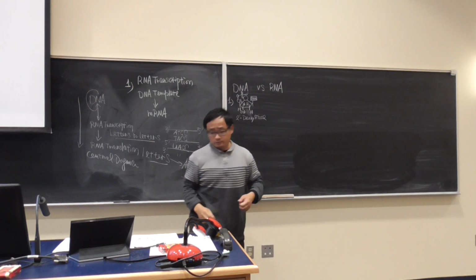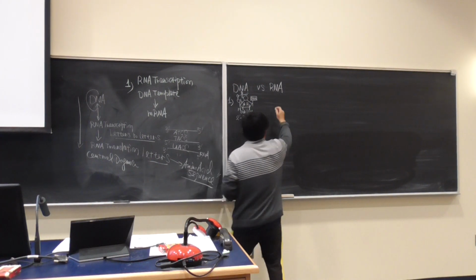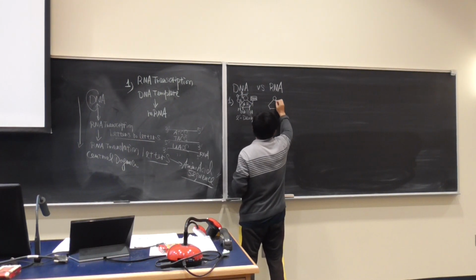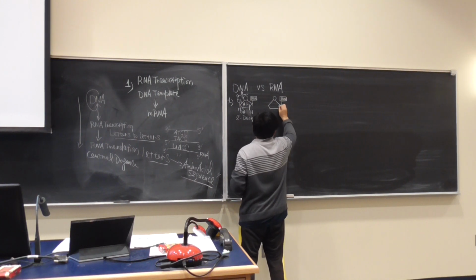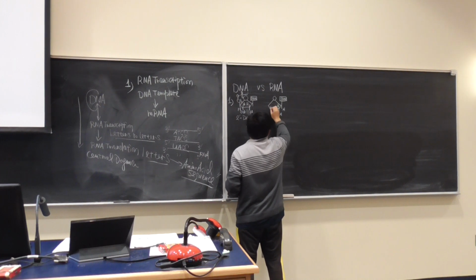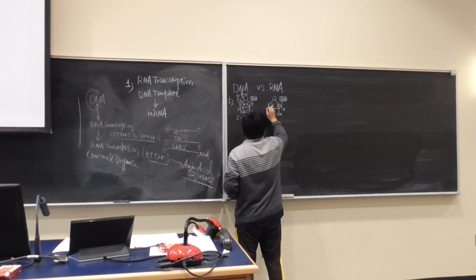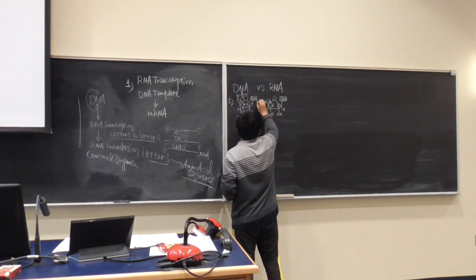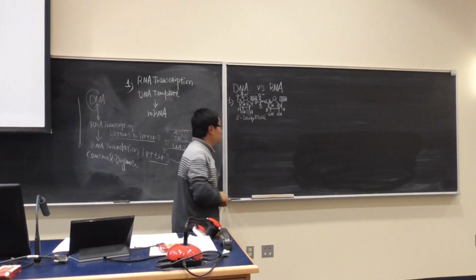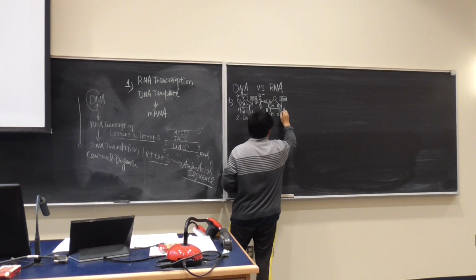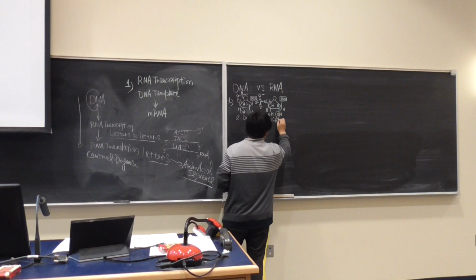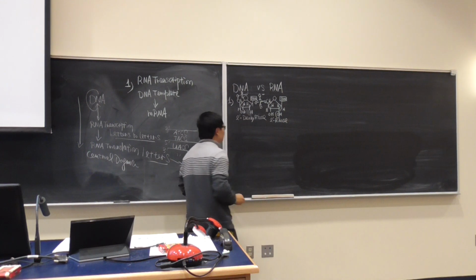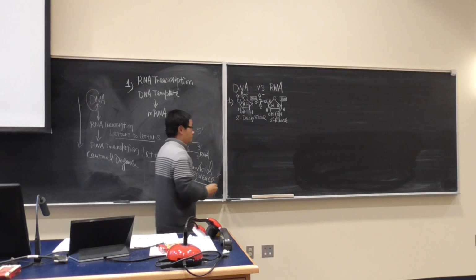Then what is RNA? Very much similar. Most of the structure is very similar. We have a base, HOH, H, CH2, O, phosphate. These are very much similar. What's the difference? At the 2' position, you have this O there. So this is 2' ribose. The first difference is deoxyribose versus ribose.